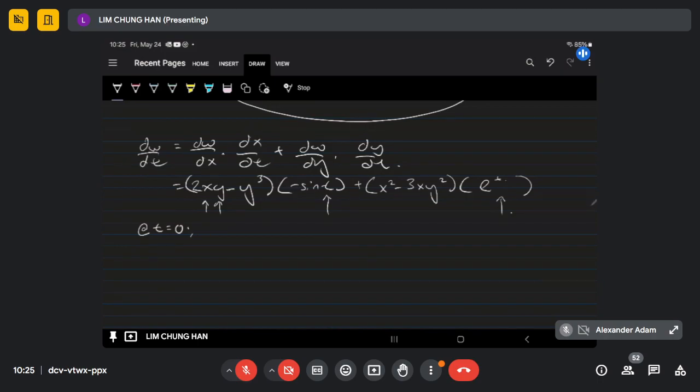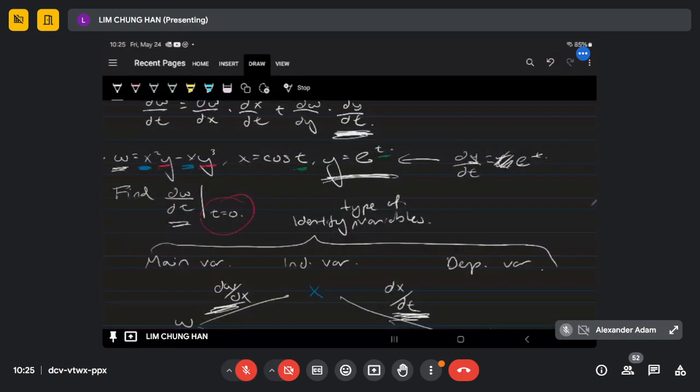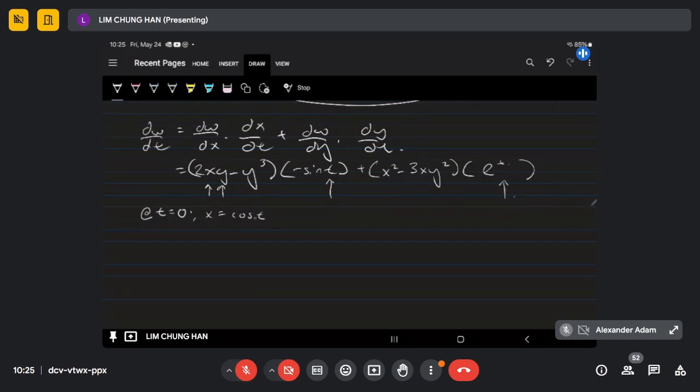When t is equal to 0, what is x? Well, we know x is cos t. Therefore, what is cos 0? Because t is equal to 0. Yeah, 1.